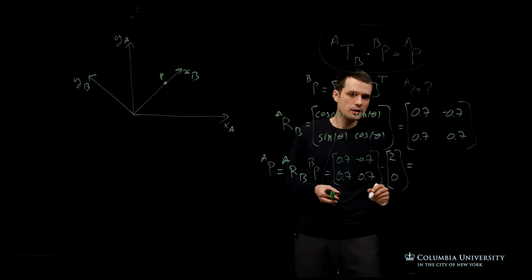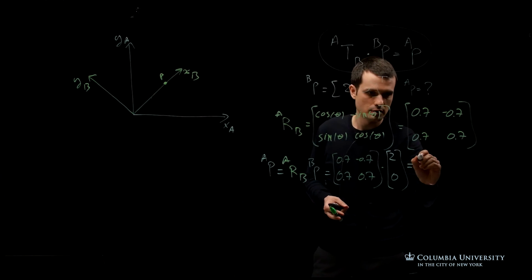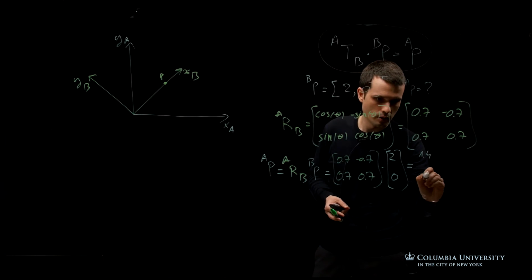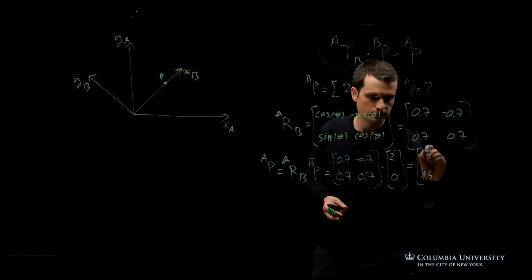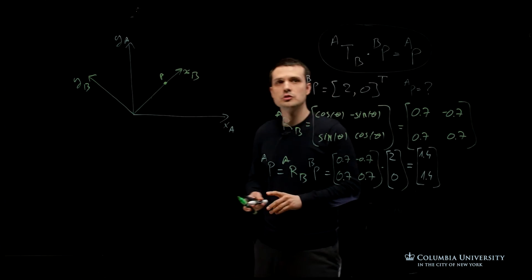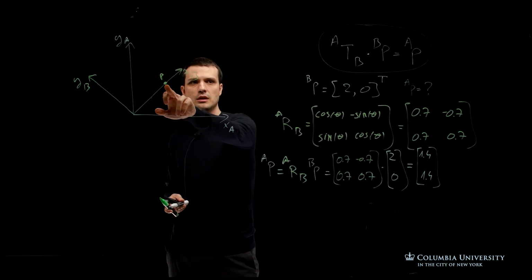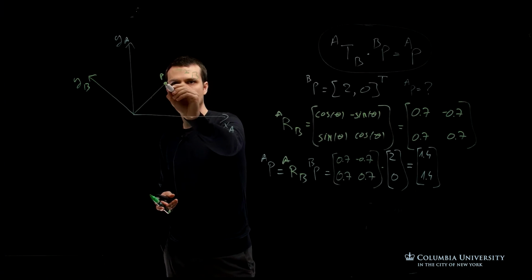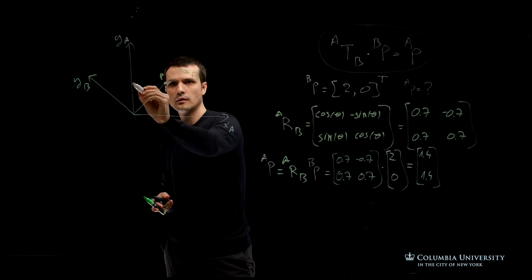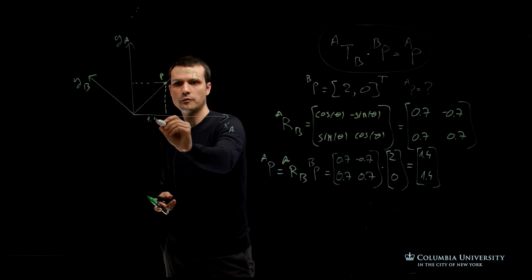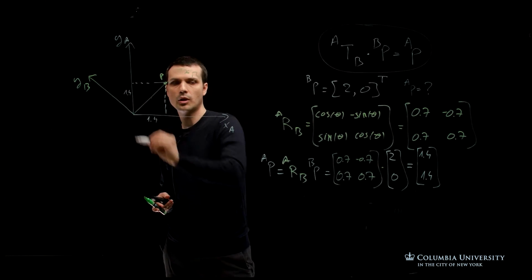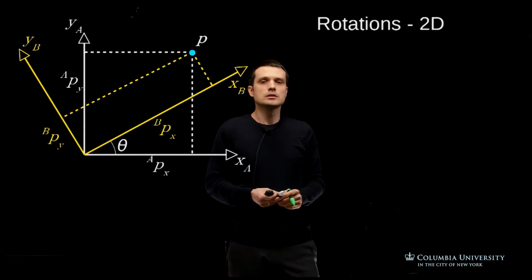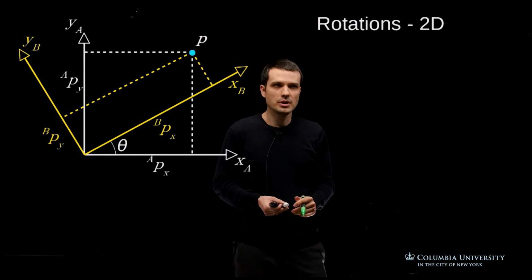Okay, and if we carry out the multiplication, we're going to get 1.4, 1.4. And you see that this same point P, expressed in coordinate frame A, is indeed at 1.4 and 1.4. So let's talk a little bit more about rotation matrices.